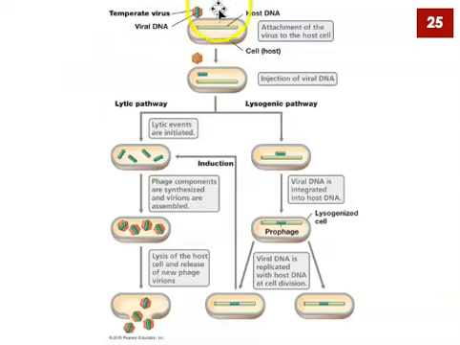Now let's take a look at the right side of the diagram. So again, we have the bacteriophage infecting that original host cell, injecting its DNA, and now we're going to go into the lysogenic pathway. Now we're dealing with a bacteriophage that's capable of a lysogenic life cycle. So in this case, the viral DNA is going to be inserted into the DNA of the host cell.